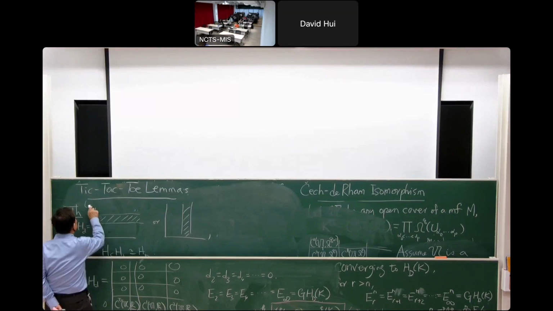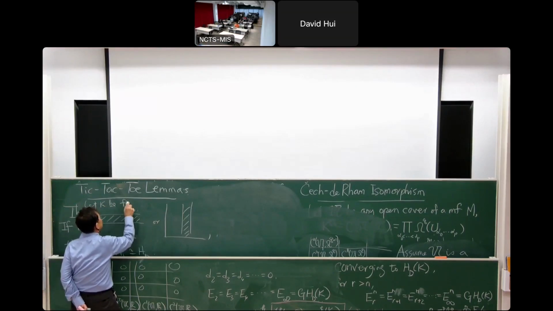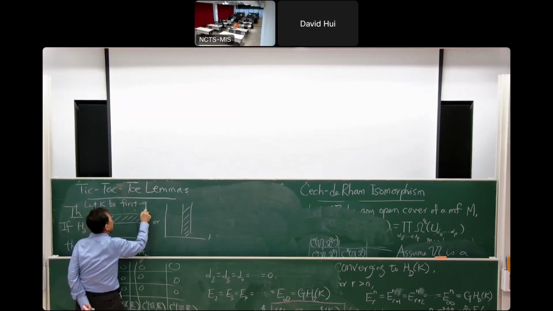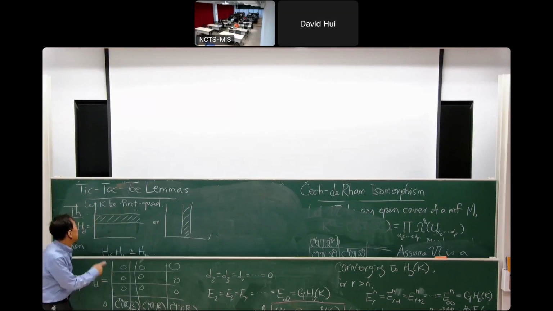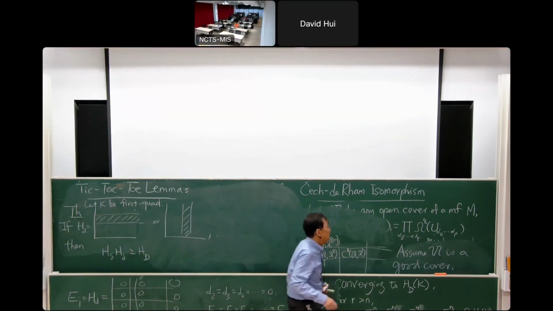So let K be a first quadrant double complex. And this is a tic-tac-toe lemma. Well, you know that HD is E1.